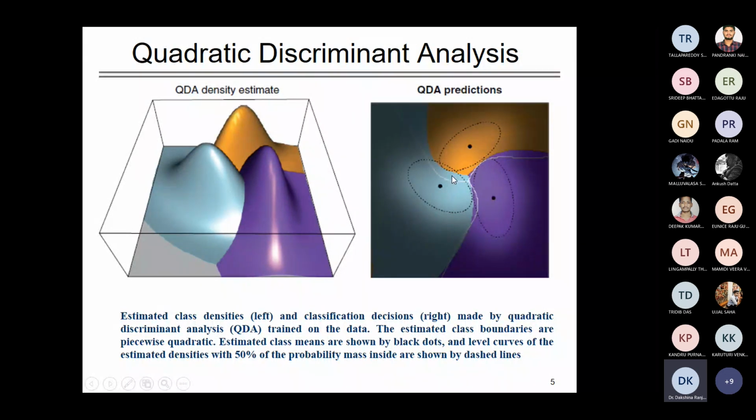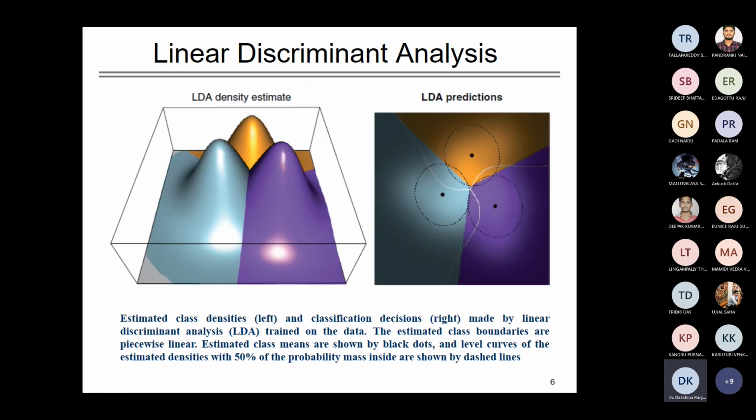And when we talked about linear discriminant analysis, we estimated the class densities and made the classifications by linear discriminant analysis, and the estimated class boundaries are found to be piecewise linear.